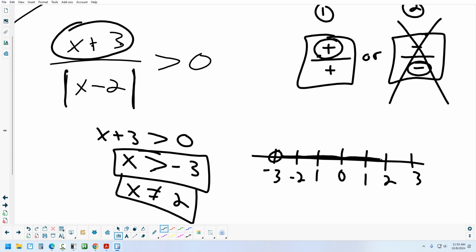You can't pick 2. That's what it would look like as a picture. Anything bigger than negative 3 except the number 2. So it's almost like it's actually broken into 2 pieces. You have piece 1 in that section that's connected, bounded, and piece 2 over here is unbounded.